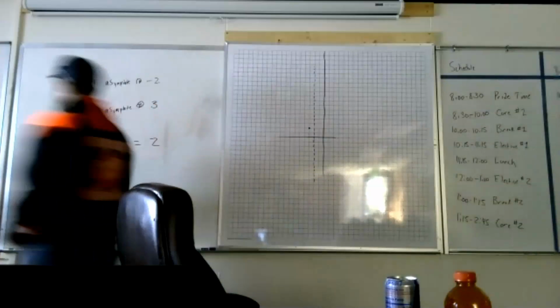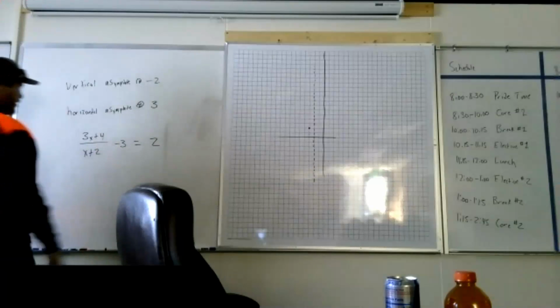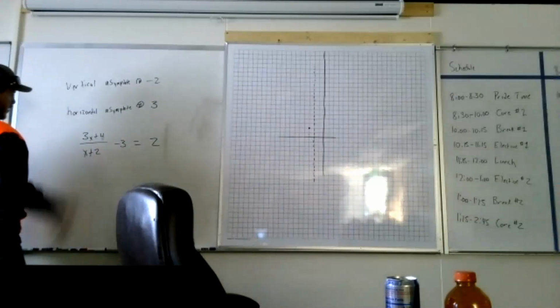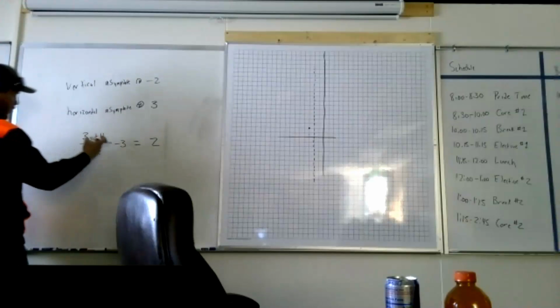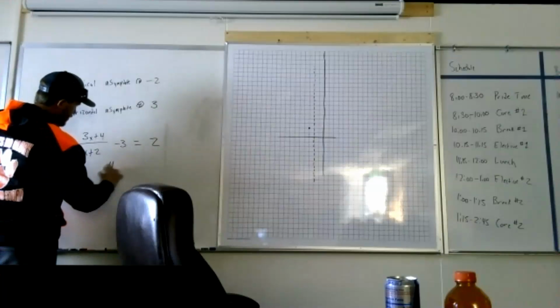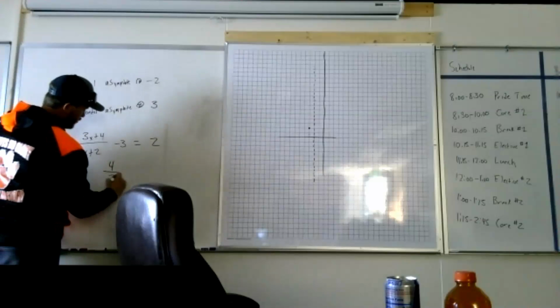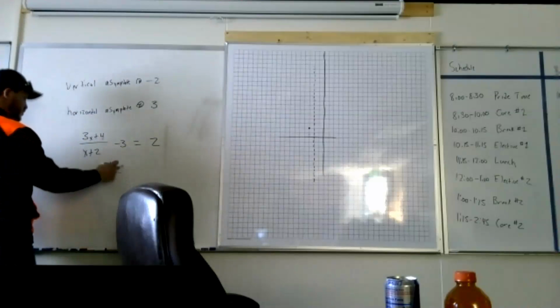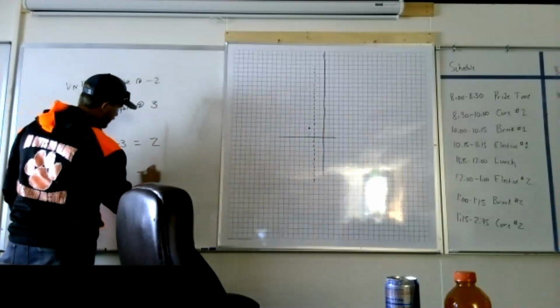Then going to the right of my vertical asymptote, the easiest one to use is 0. When I plug 0 into this equation, I get 3 times 0 is 0 plus 4, so that's 4 on the numerator. 0 plus 2 is equal to 2. So that simplifies down to 2 minus 3, which is equal to -1.